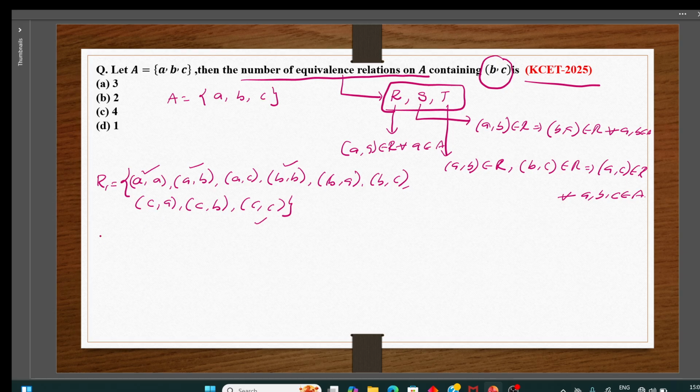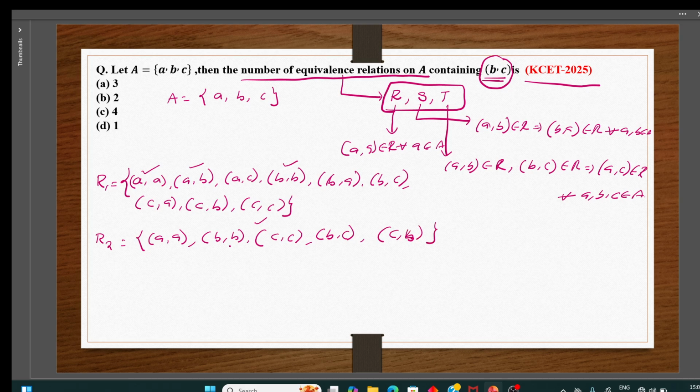Now check another relation, R2 equals {(a, a), (b, b), (c, c), (b, c), (c, b)}. Reflexive is satisfied. Next, the condition is containing (b, c), so (b, c) and (c, b).